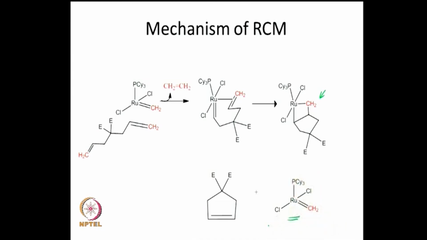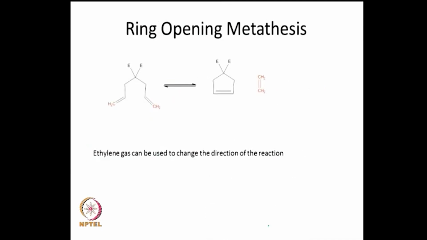Now, you will notice that the same reaction can be pushed in the opposite direction if you have a large amount of ethylene. Suppose I have a high concentration of ethylene and I take the ring closed product, then I can have a ring opening metathesis. So, this is called ROM, the previous one is called RCM, and the ring opening metathesis can push the reaction from the ring closed system to the ring open system.